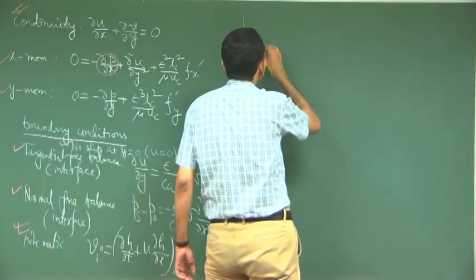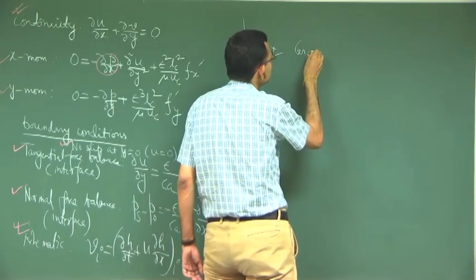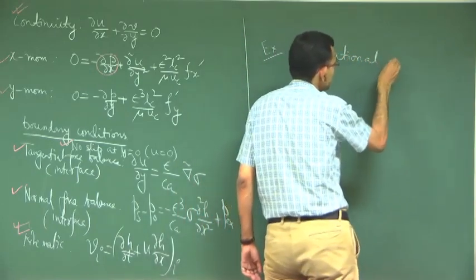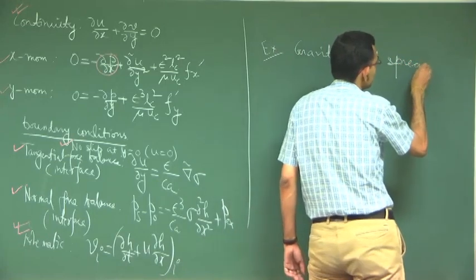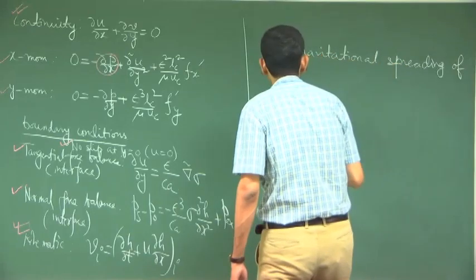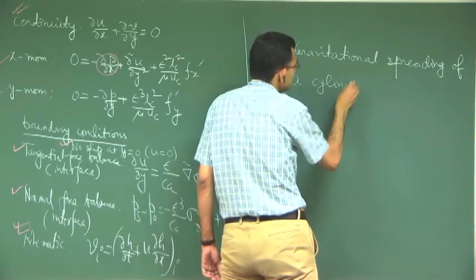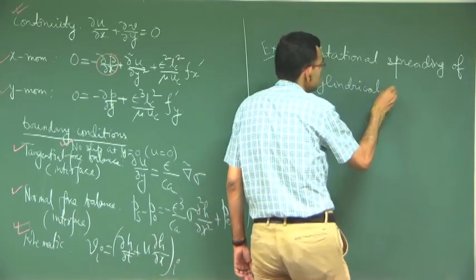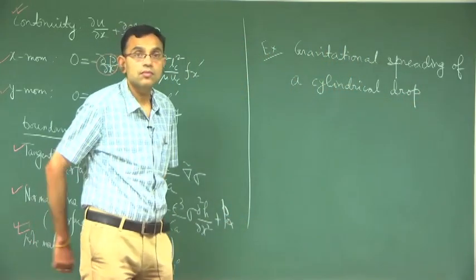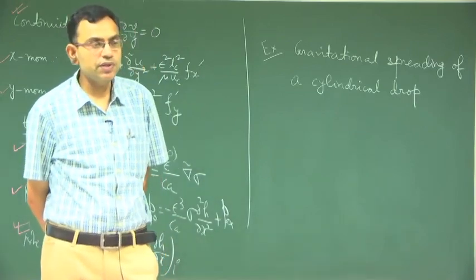So, the example that we will be talking about is gravitational spreading of a cylindrical drop.